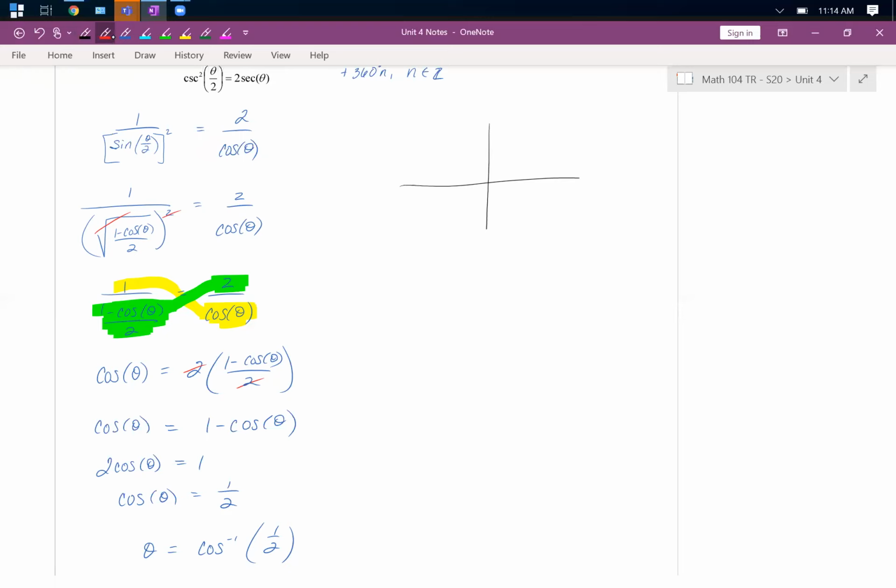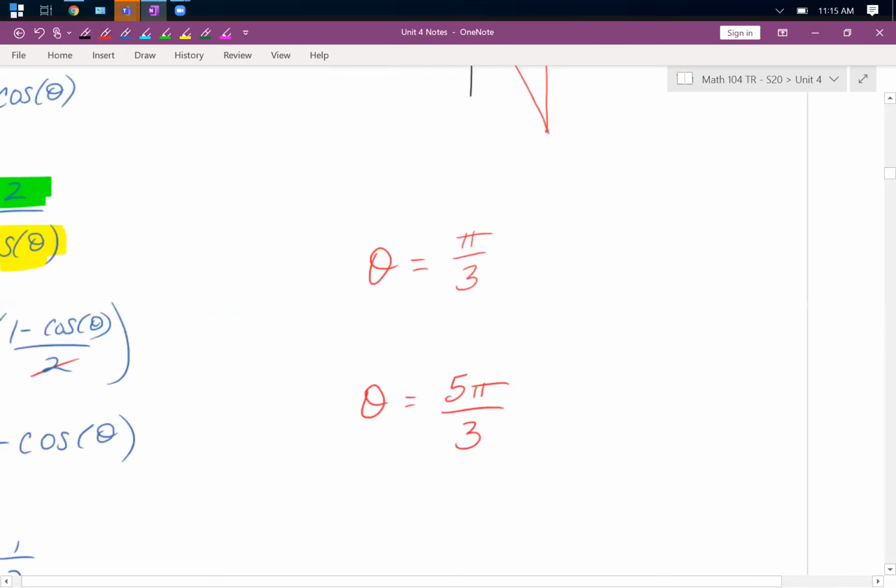And 1/2, that's our short side of our 30, 60, 90 triangle. So short, long triangle. That's going to be a 60-degree reference angle in each of these. It's that exact answer, so I know I need to be in radians. So in quadrant 1, what's that radian measure? Pi over 3. And then in the fourth quadrant, that 60-degree reference angle gives us 5 pi over 3.